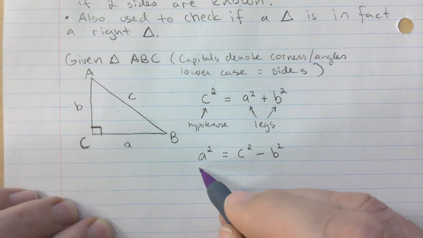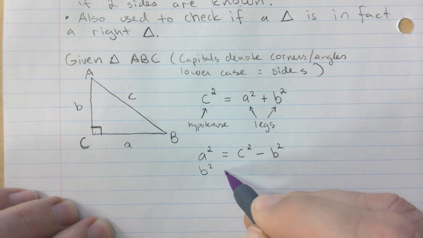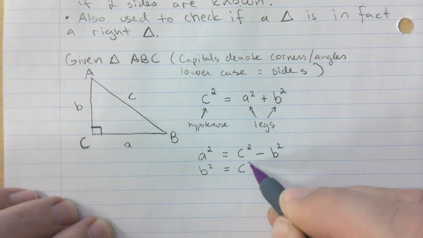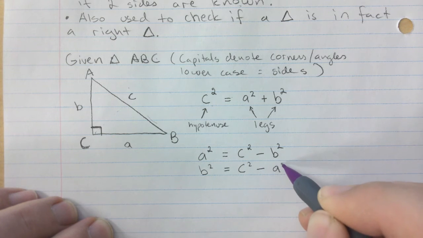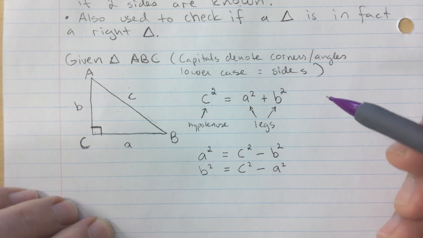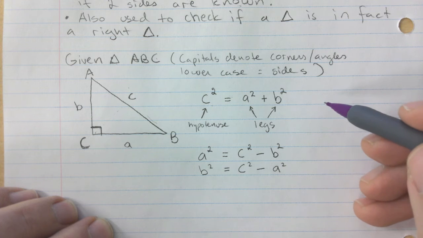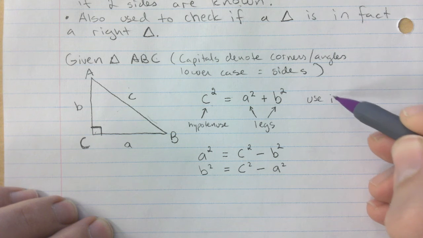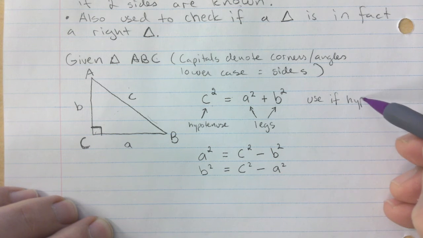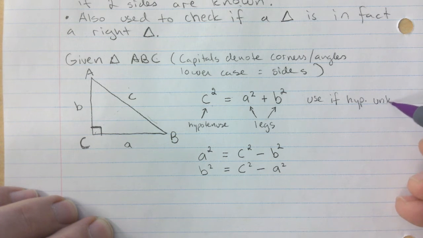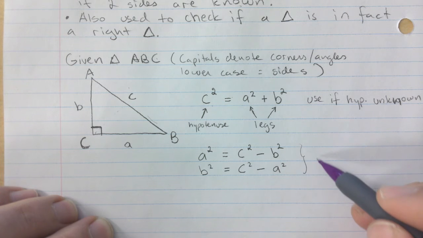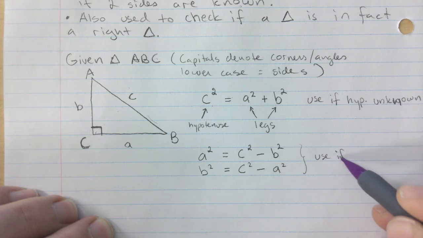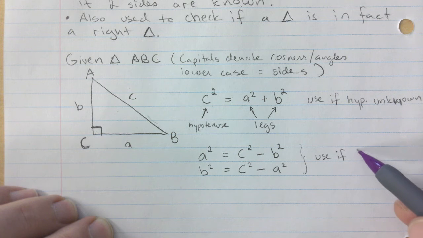And then you also have that b squared is equal to c squared minus a squared. Use the first if the hypotenuse is unknown. What am I doing here? Unknown there. And these two, use if a leg is unknown.